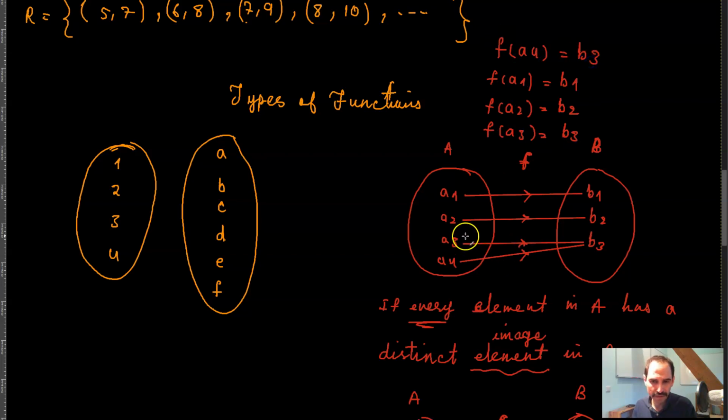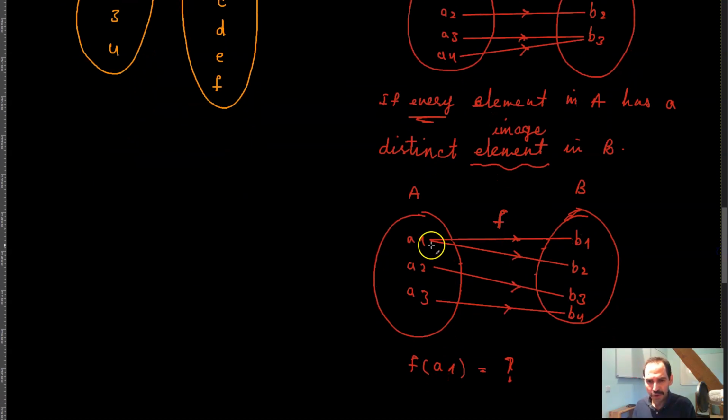So it's possible in each and every one of these cases to decide what is the image of each and every element of A, what is the image of all of those elements in B? And so that means that this is a function. But of course this is not a function because there is no way to decide what is the image of A1 in the set B, right?